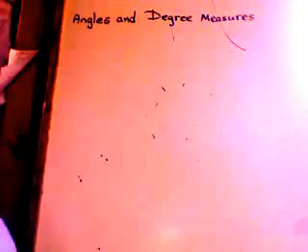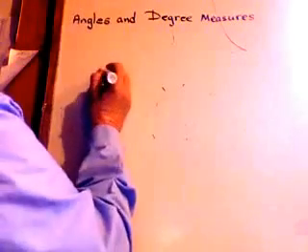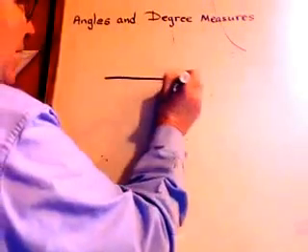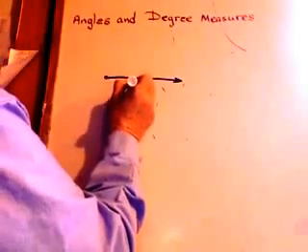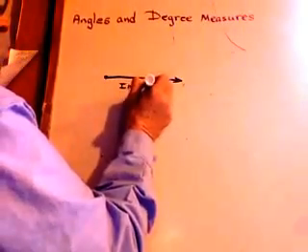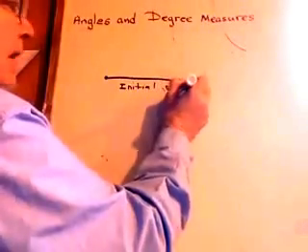Okay, this next section on angles and degree measures, we're going to be learning some new vocabulary along with this. We'll be sketching angles, and when you sketch an angle, you use a ray, which I'm sure you're familiar with from geometry class. But the first ray that you start with when you go to sketch an angle is called the initial side of the angle.